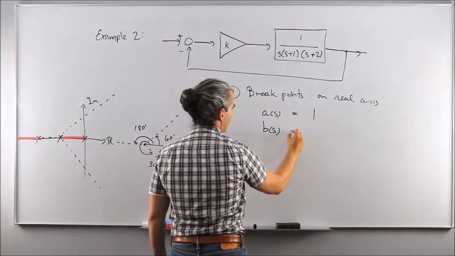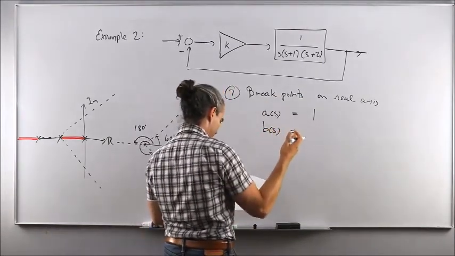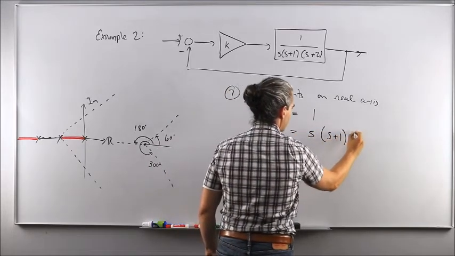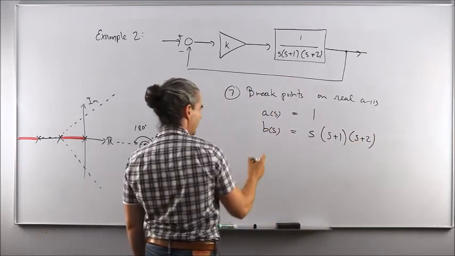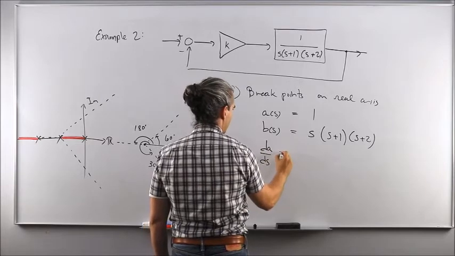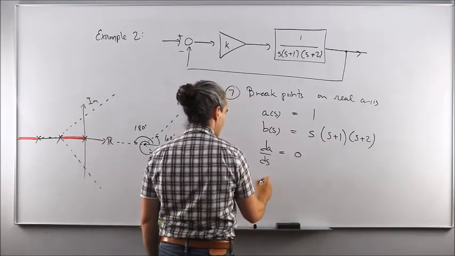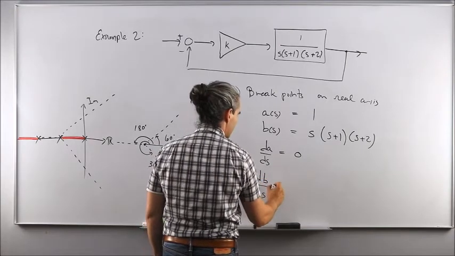Now B of S is my denominator related to all my poles. And we had S multiplied by S plus 1 times S plus 2. I know for this I'm going to need to calculate dA/ds, so let's do that right now to save some time. It's going to give me 0. But I'm also going to need dB/ds.